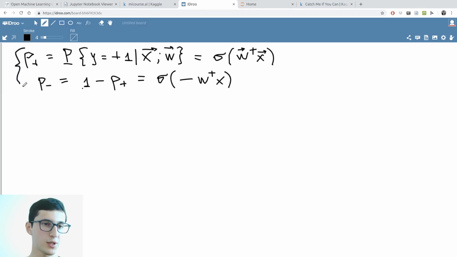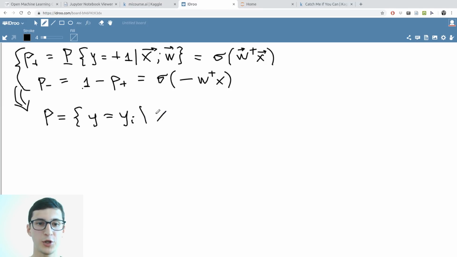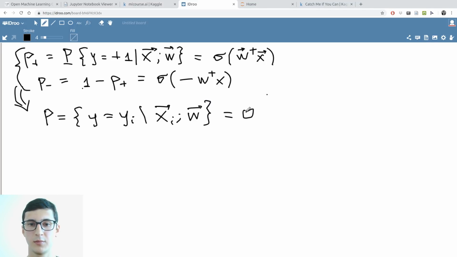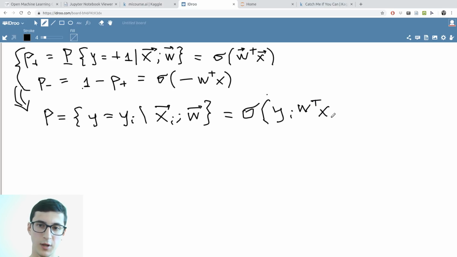These two expressions can be cleverly grouped into just one expression. The probability that we observe yi for an object xi, parameterized by w's, according to the logistic regression model, is the sigmoid of yi W transposed xi.